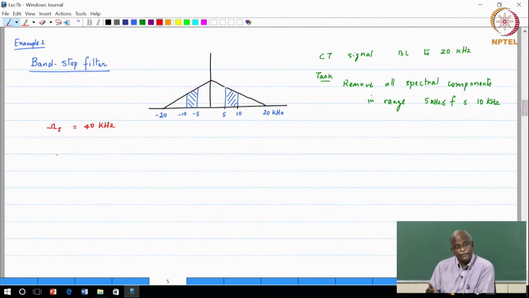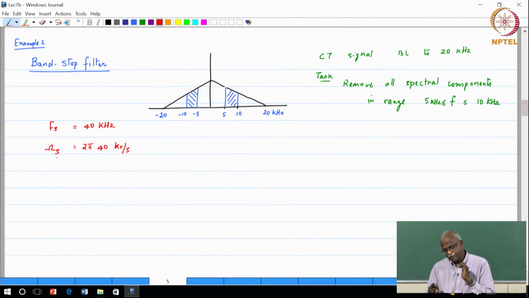Okay. So, now I need to design a digital filter that will satisfy the corresponding conditions. If my sampling frequency is 40 kilohertz, strictly speaking I should write it as 2 pi times 40 kiloradians per second, that is omega s. But when I convert it into discrete time, I would have to multiply omega s by Ts. So, maybe just to be consistent, let me define the sampling frequency, and this is the continuous time frequency.